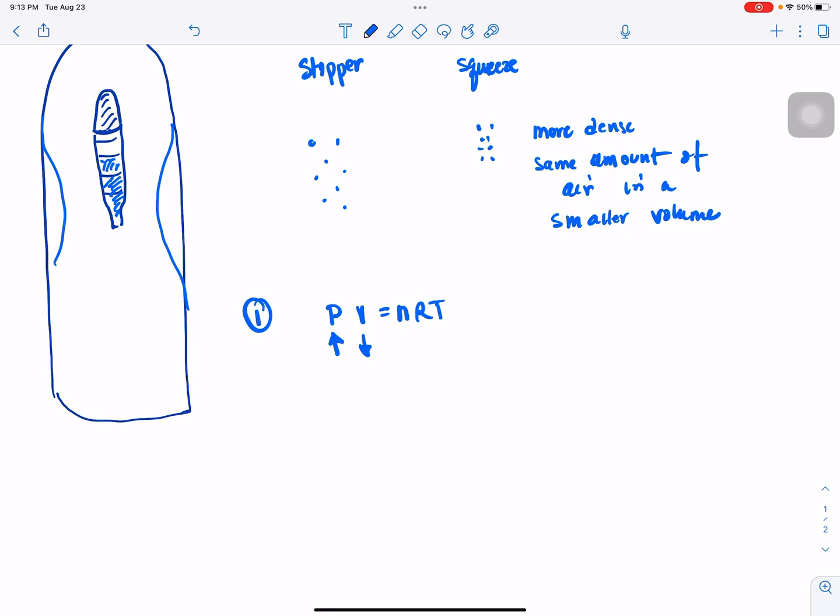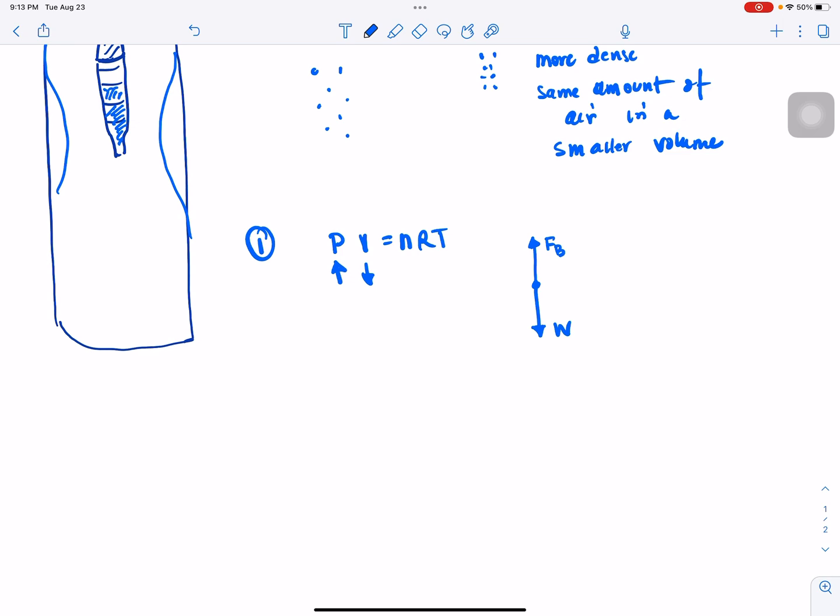And so the buoyant force is reduced while the force of gravity remains constant. If we think about the forces acting on the eyedropper, we have the weight going down, which is the force due to gravity, and we have the buoyant force going upwards. But that is going to be less because the volume is less, and so the eyedropper is going to sink.